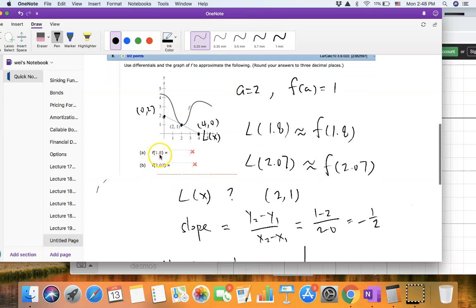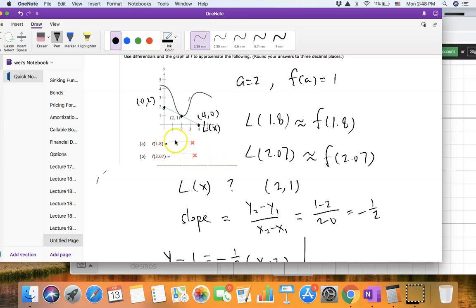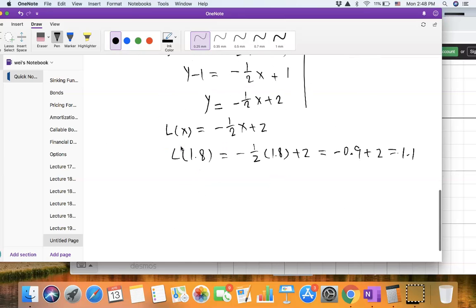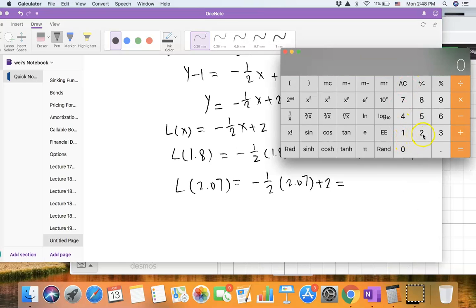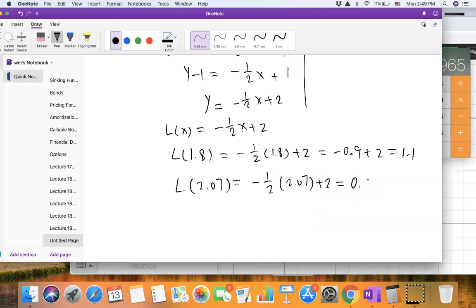So f of 1.8 is around 1.1. And when x equals 2.07, that is 0.965.